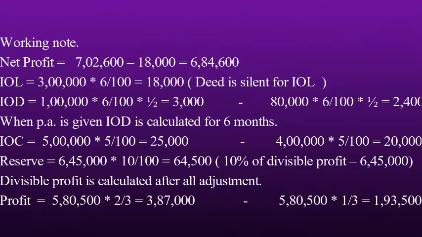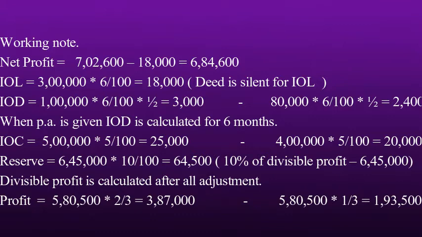Reserve is calculated at the rate of 10% on divisible profit. Divisible profit comes to 6,45,000 after subtracting interest on loan, interest on capital, and adding interest on drawings. 10% of that is to be kept as reserve, so 64,500 is the amount of reserve maintained.